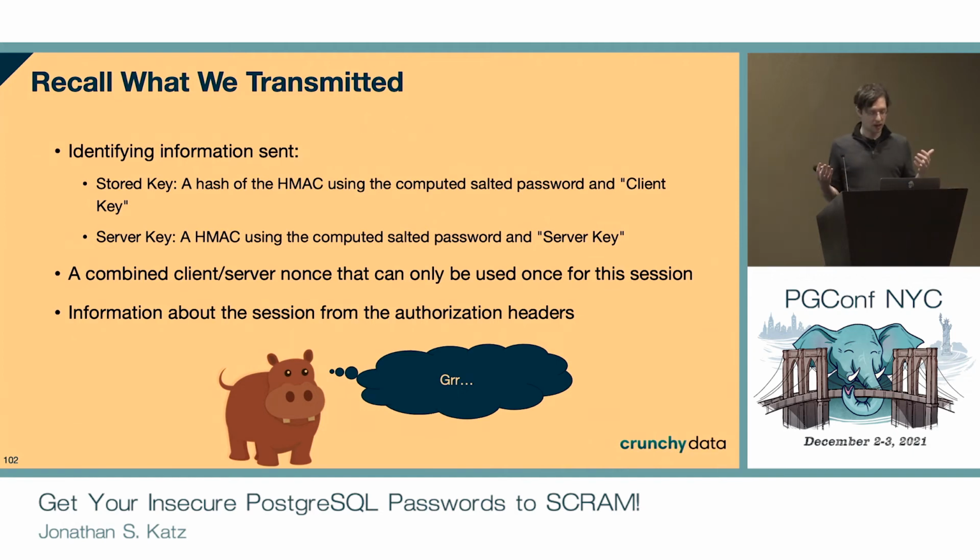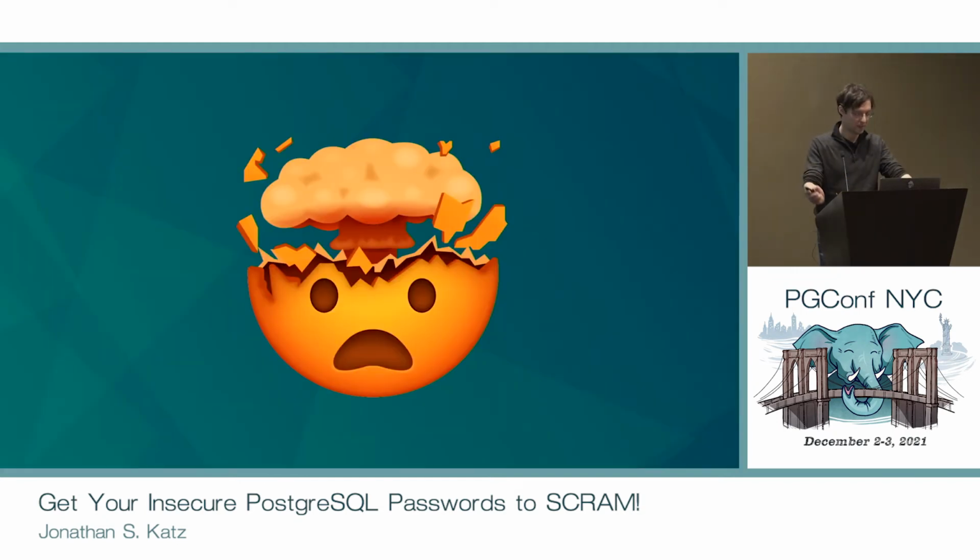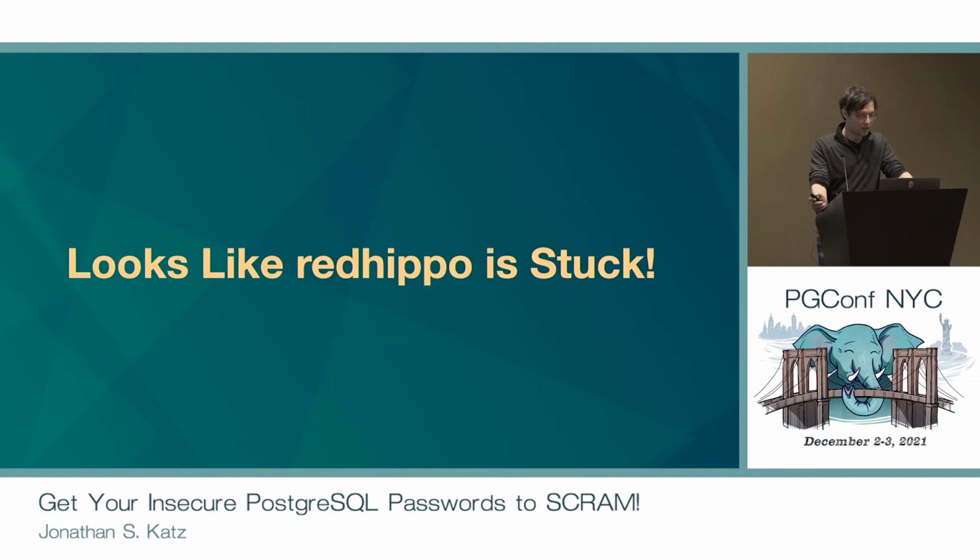We submitted some nonces, one-time things, and information about the authorization headers. So even if Red Hippo's listening this entire time, Red Hippo's coming away confused. Red Hippo's like, what just happened? I can't figure out what's going on. Maybe I can capture all this traffic and try to brute force it later, but I have no idea what secret was transmitted. So I think we've gotten Red Hippo stuck.